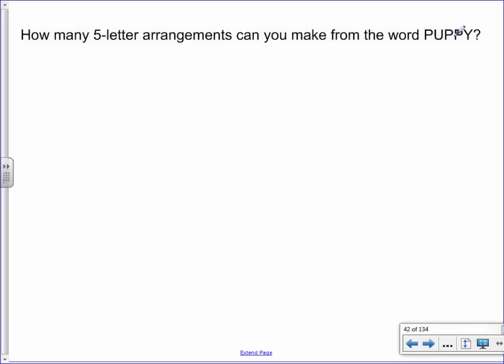Woo, weekend. Okay, do you guys see how in the word puppy, if we want to rearrange letters in the word puppy, the P is listed 3 times, right? So if you're going to use all of the letters in the word puppy, that's 5 factorial. 5 times 4 times 3 times 2 times 1. But hypothetically, let's say that you change the order of those 2 P's right there. Would it make you a new word?